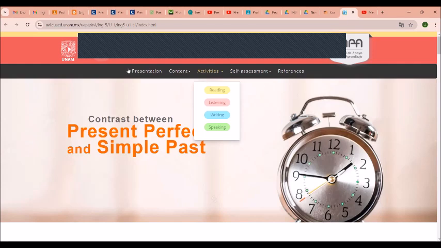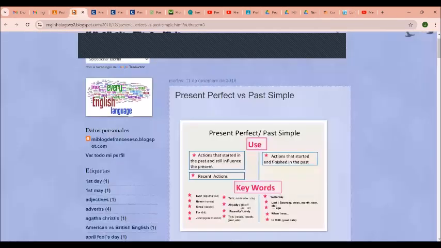In today's class, we're going to be using some other resources so you can practice the present perfect versus the past simple. Now, by way of overview, a quick summary: the present perfect is for actions from the past that are connected to your present, right? It can be recent, it could be experience, while past simple is completed in the past.